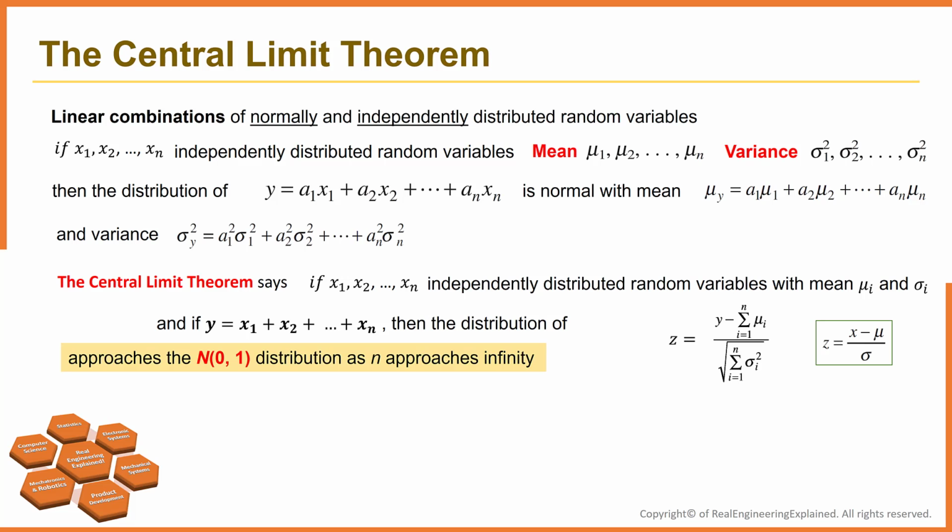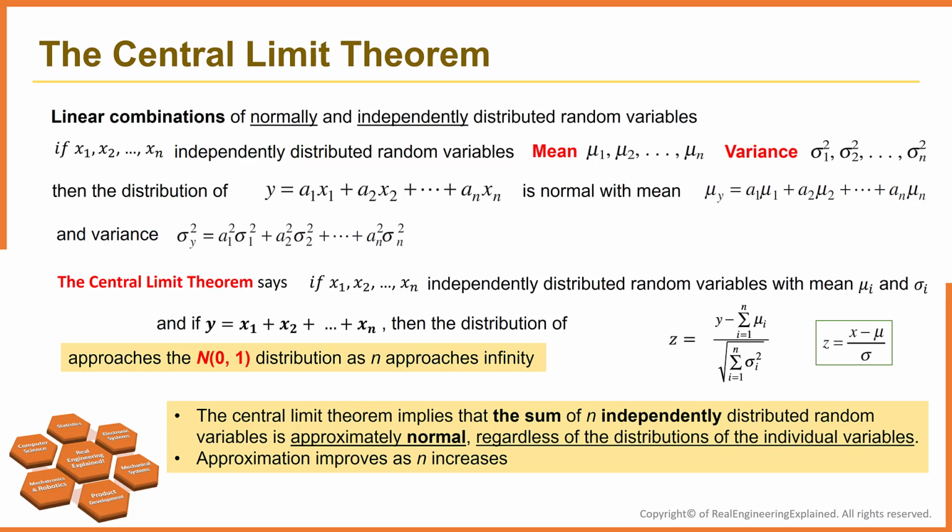The Central Limit Theorem says if x1, x2, up to xn are independent random variables with a mean of mu i and a variance of sigma i squared, and if y is equal to x1 plus x2 up to xn, then the standardized distribution of y will approach a distribution with a mean of 0 and a standard deviation of 1 as n approaches infinity.